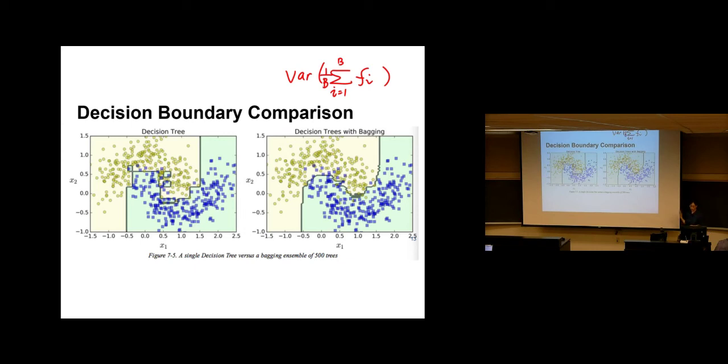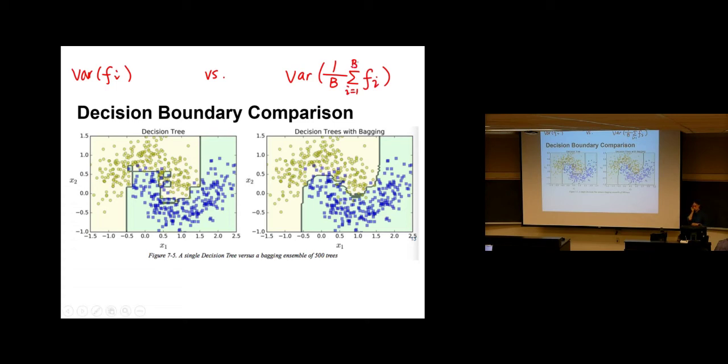In fact, what we are comparing is the variance of each Fi versus the variance of this mean, 1 over B summation of Fi from 1 to B.